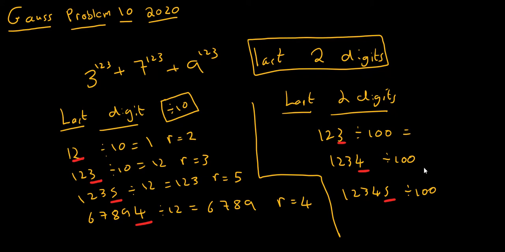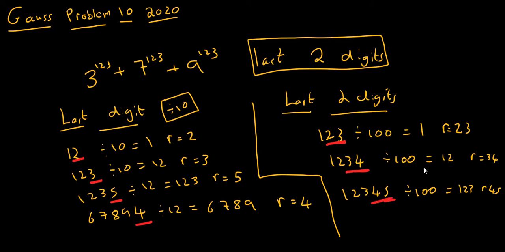If we divide by 100 there, we get 1, remainder 23. There we get 12, remainder 34. There we get 123, remainder 45. Okay, last two digits versus the last one digit.